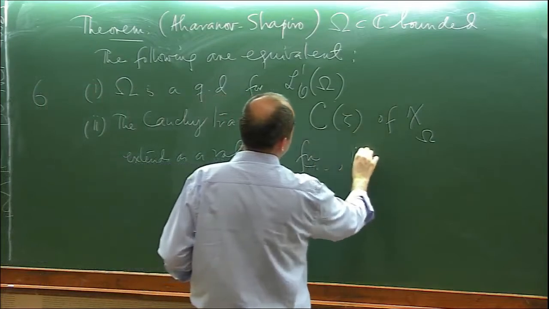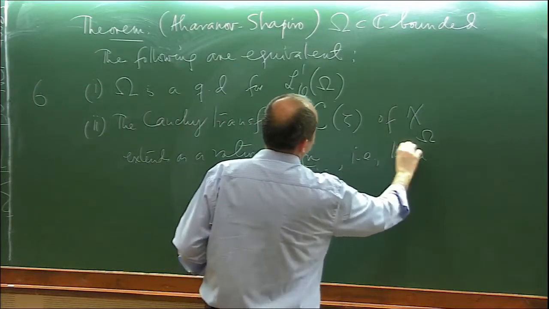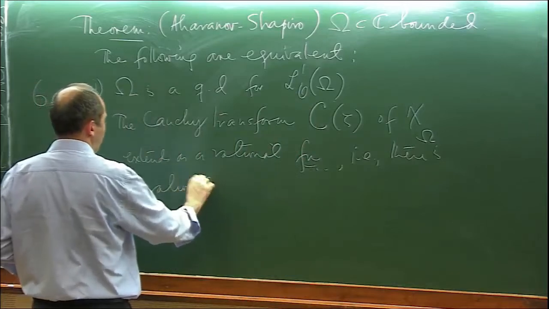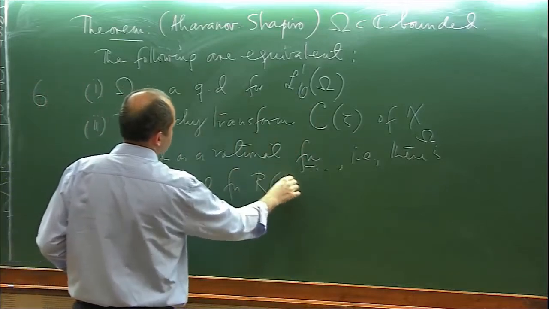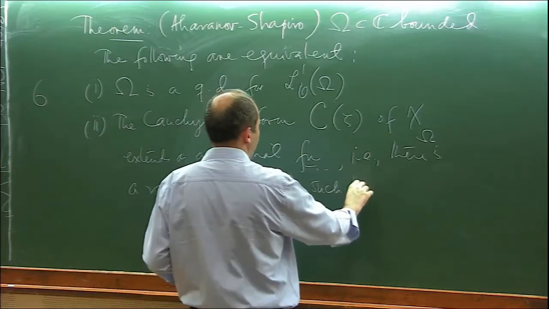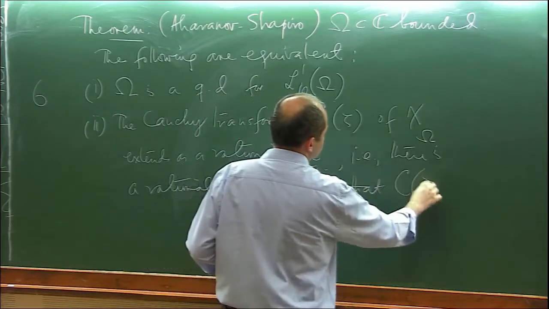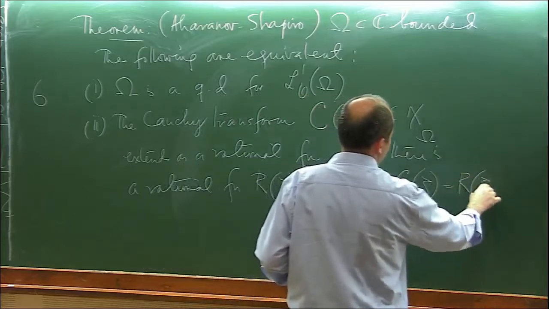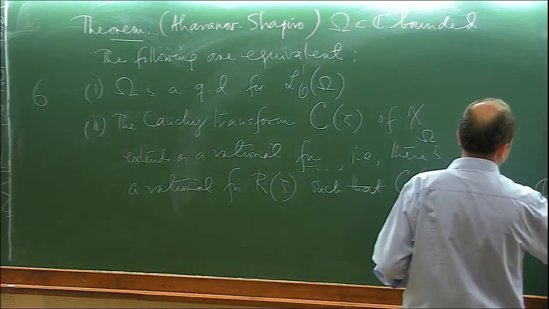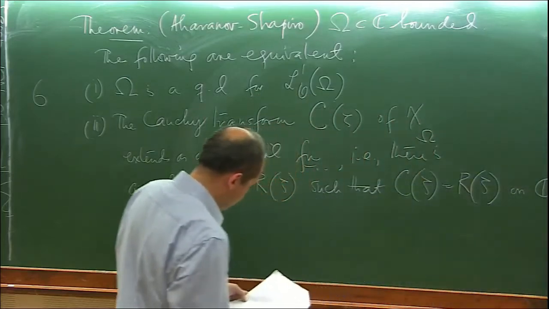By this I mean there is a rational function R of zeta such that the Cauchy transform equals R on the complement of omega, C minus omega.